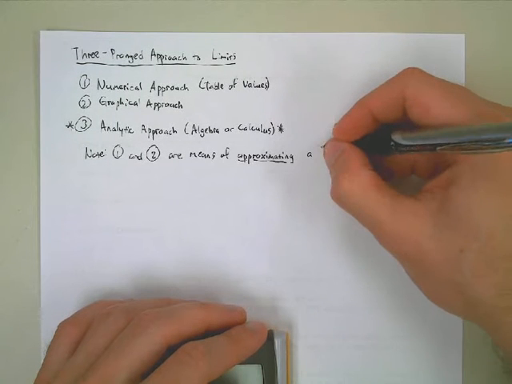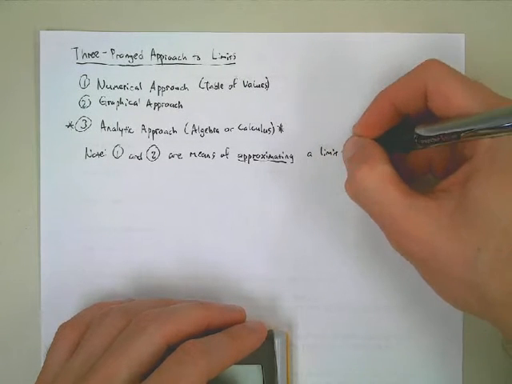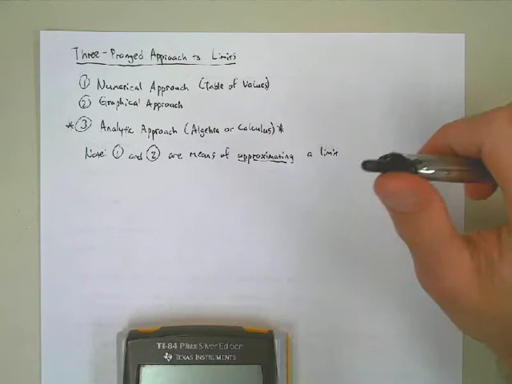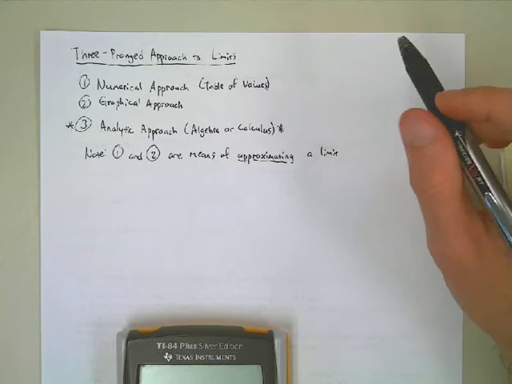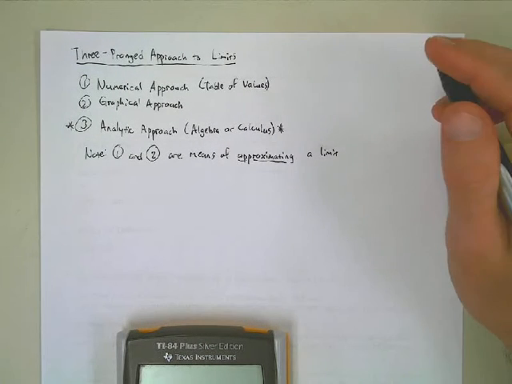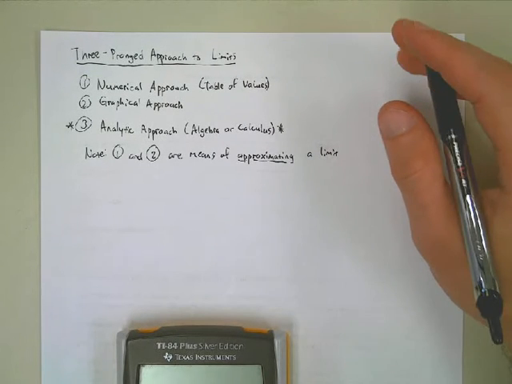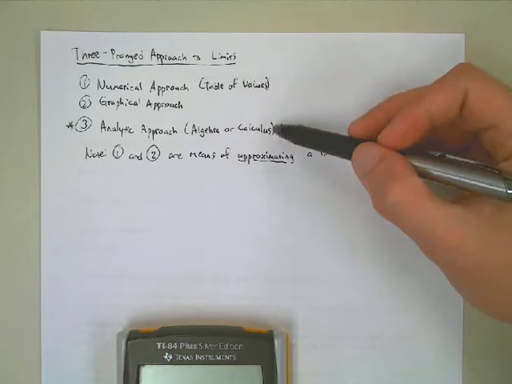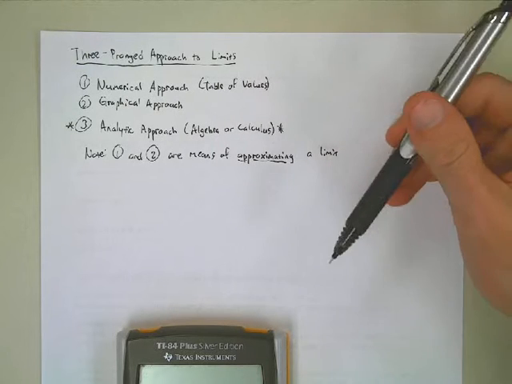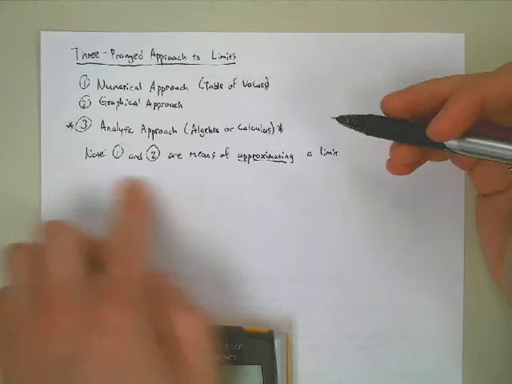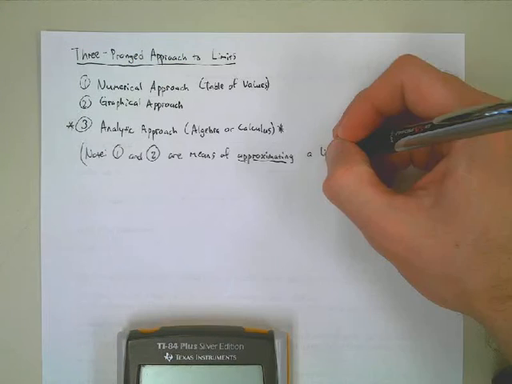We didn't say for certain that the limit was 2. We kind of saw it's pretty close, right? But the analytic approach will give a precise value for the limit. So 1 and 2 are just means of approximating a limit. Okay, we use it to approximate.